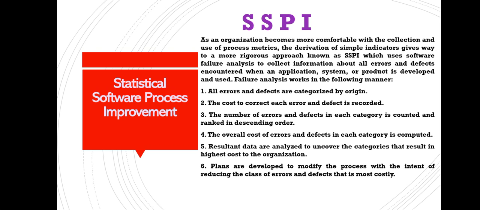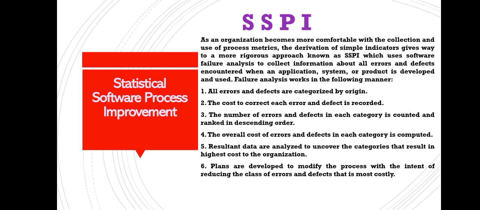And the next analysis work is related to the failure. Plans are developed to modify the process with the intent of minimizing the class of errors and defects that is most costly.